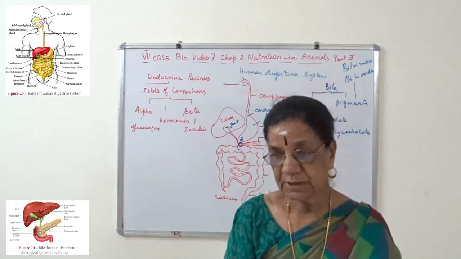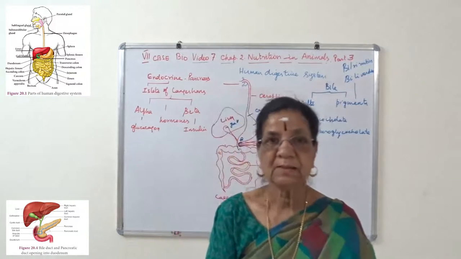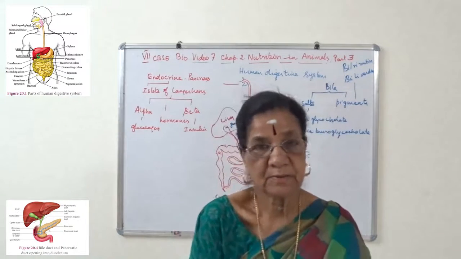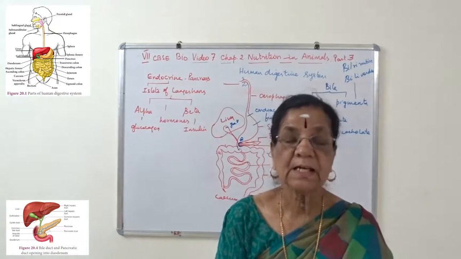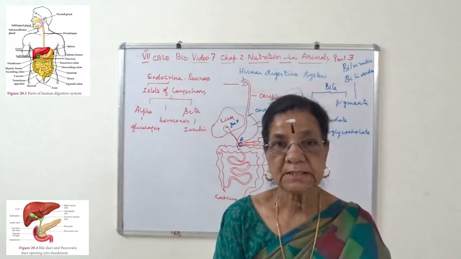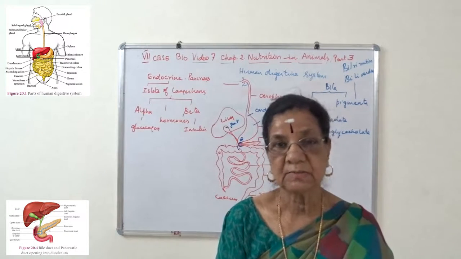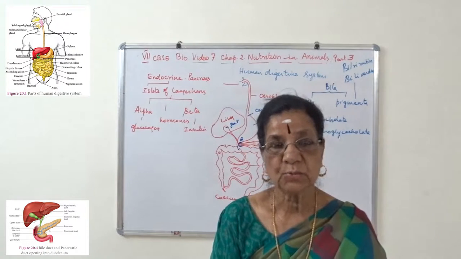Sometimes there is excess secretion of bile. When bile juice is secreted in excess and mixes with the blood, it is called the condition jaundice, associated with the yellow alkaline fluid, bile juice.